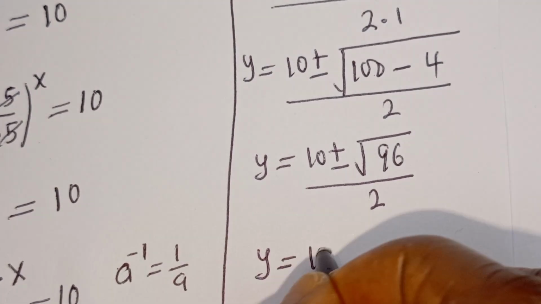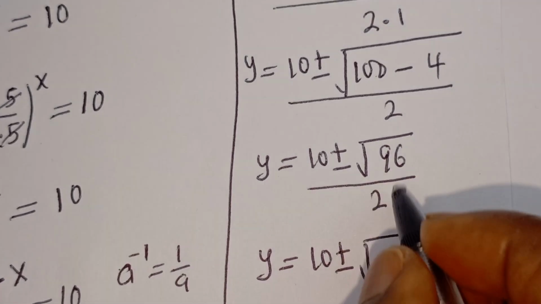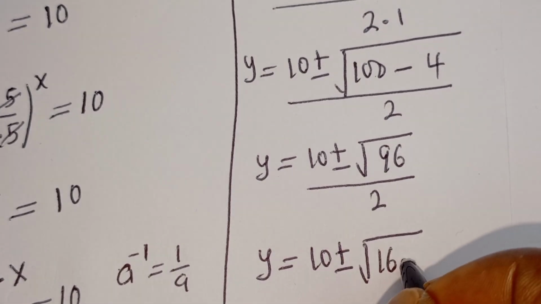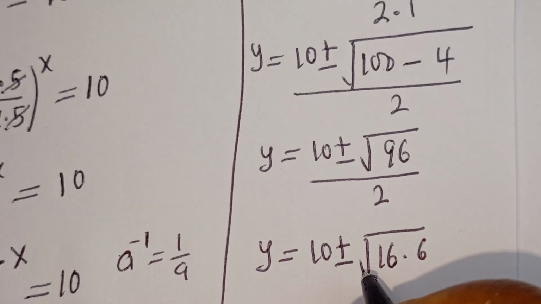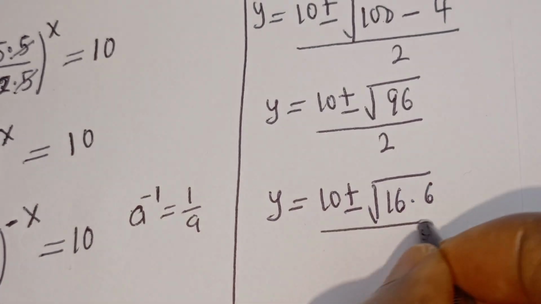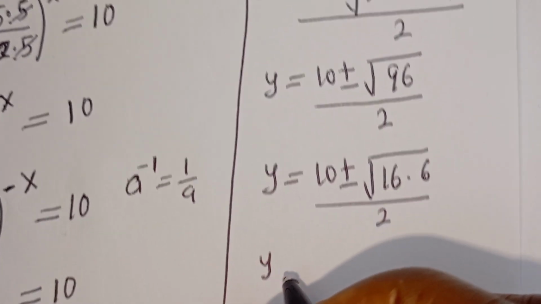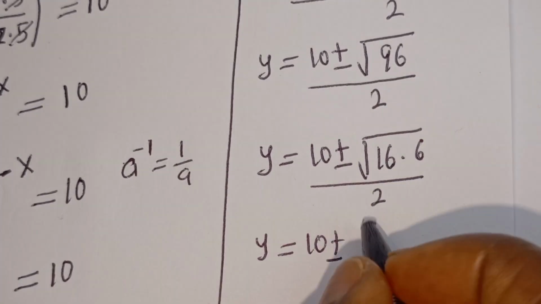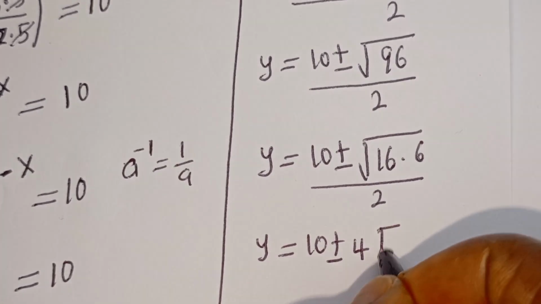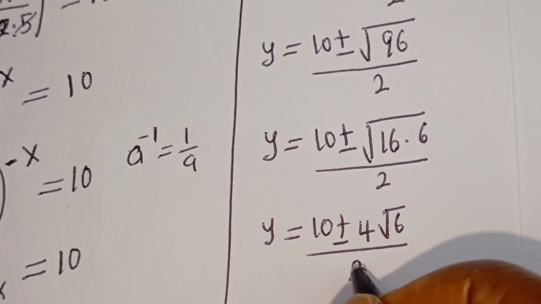Y is equal to 10 plus or minus square root of 96, which can be written as 16 multiplied by 6, divided by 2. Y is equal to 10 plus or minus square root of 16, that is 4 root 6, divided by 2.